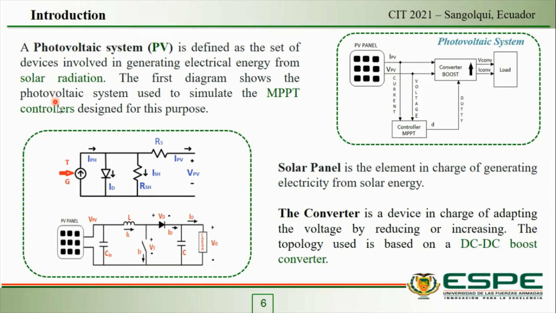The equivalent circuit of a solar panel is shown in the following diagram. The converter is a device in charge of adapting the voltage by reducing or increasing. The topology used is based on a DC-DC boost converter.